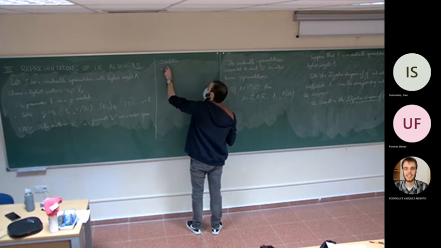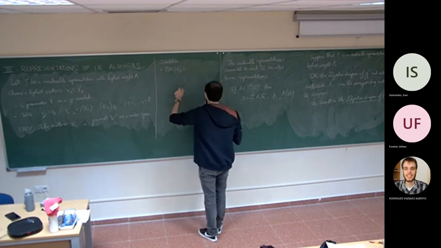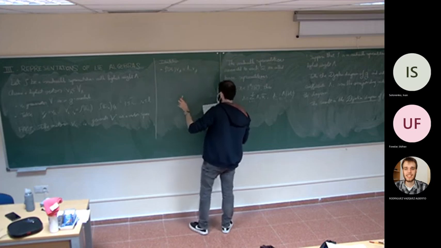First one is rho of h_i, of V empty set is equal to lambda_i V empty set.